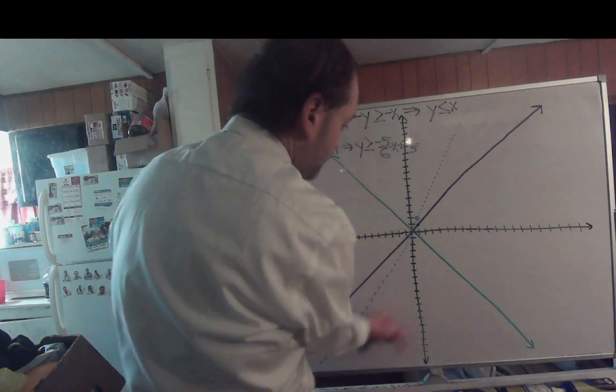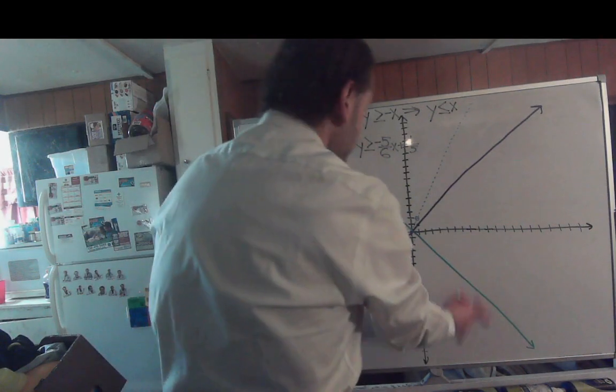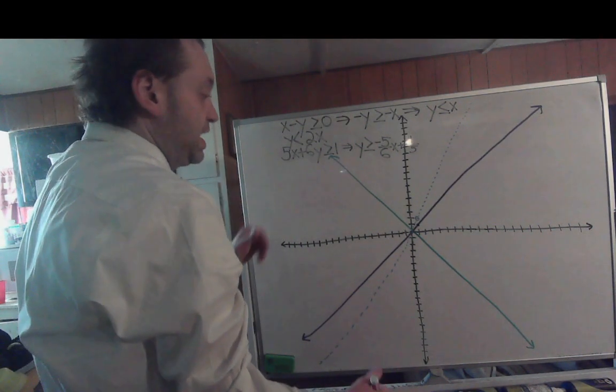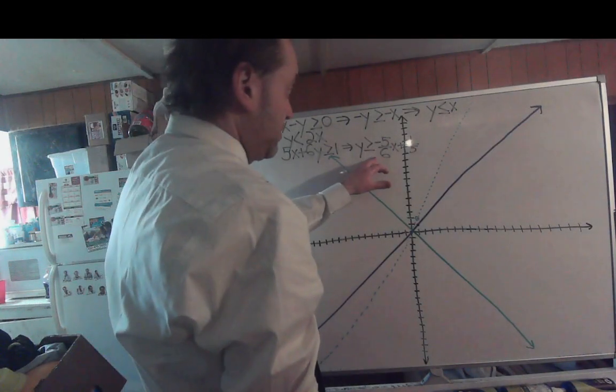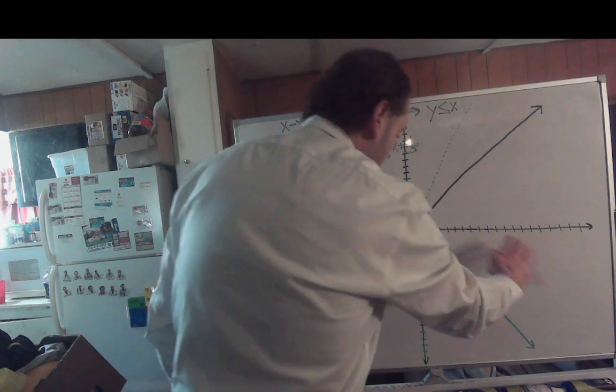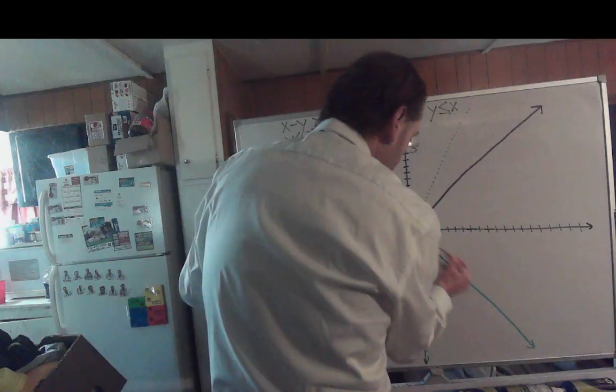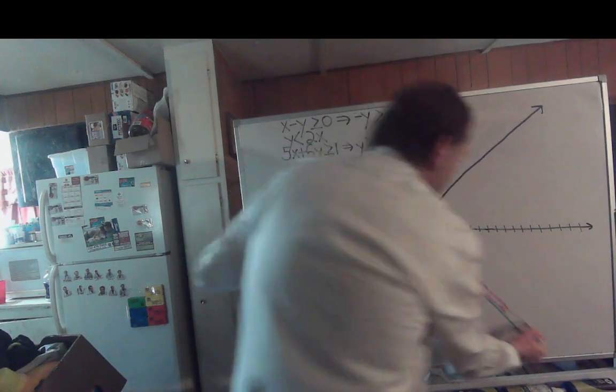You still have all this because you're below the blue line, but it's restricted a little more. Then you have y is greater than or equal to negative 5/6x plus 1/5, which would be to the right more, past the green line. So the shaded region is going to be another doozy.